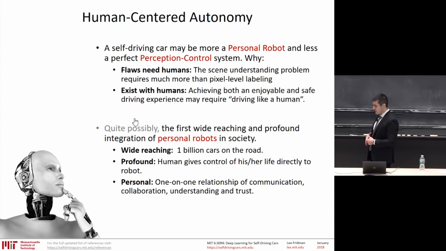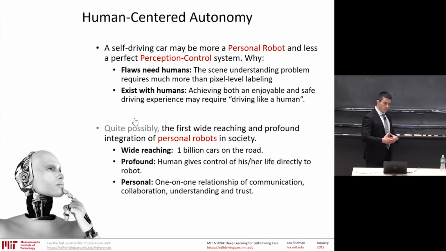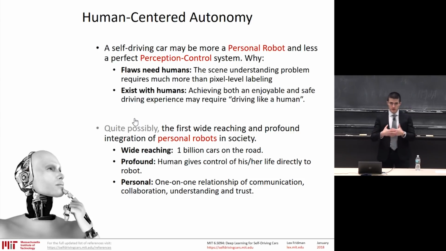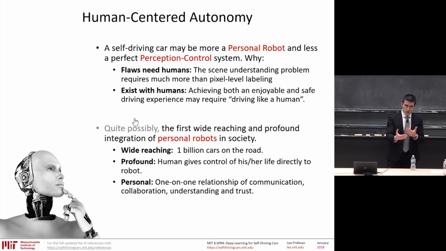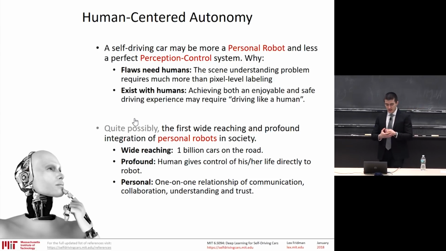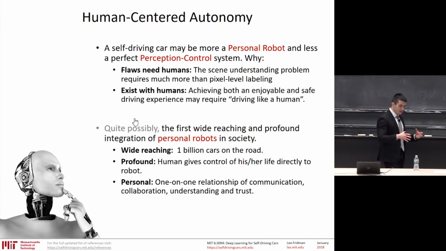They're not perception-control systems, tools like a Roomba performing a particular task. When human life is at stake, when there's a fundamental transfer of life, of a human being giving their life over to an AI system directly, one-on-one, that is a relationship indicative of a personal robot.